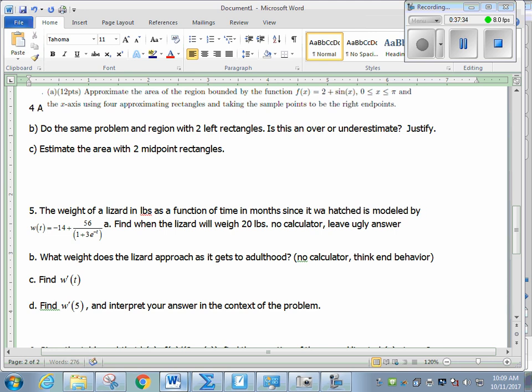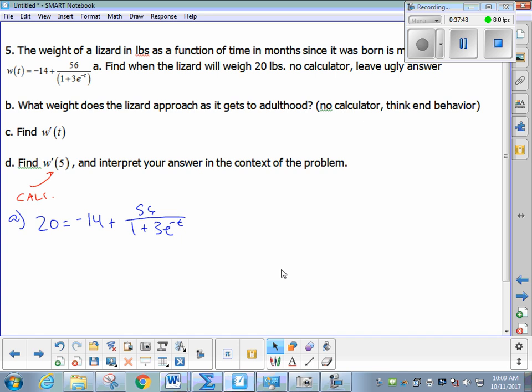Since it hatched, what is the time that a lizard is? Oh, wait. If you're having trouble with B, you might consider writing that e term just slightly differently, and it'll help a lot.